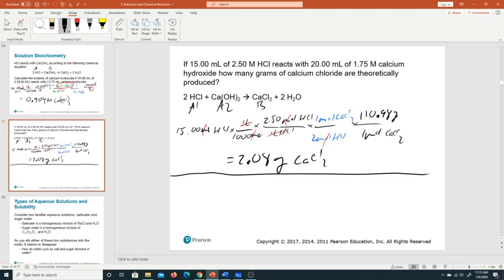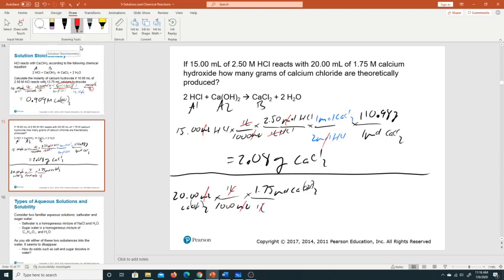So we'll repeat this again now with the calcium hydroxide. Well, we have 20 milliliters of that. Exact same steps. 1,000 milliliters in a liter. Multiply by the molarity, 1.75 moles of calcium hydroxide per liter. Milliliters cancel. Liters cancel. Now here the mole ratio is going to be a little different.